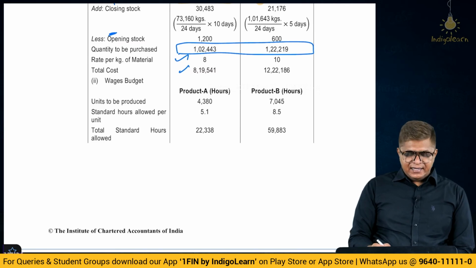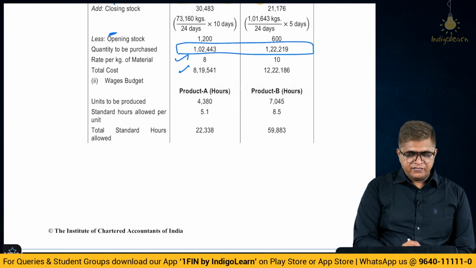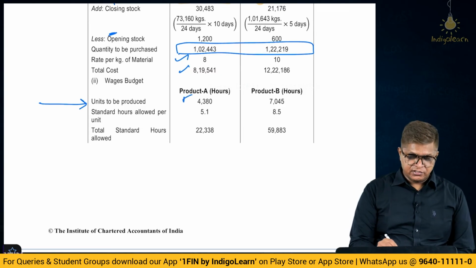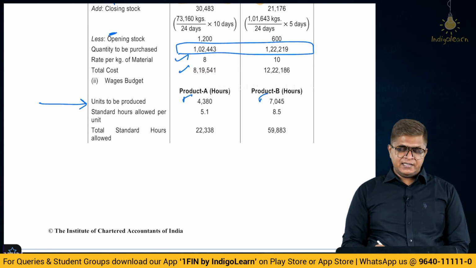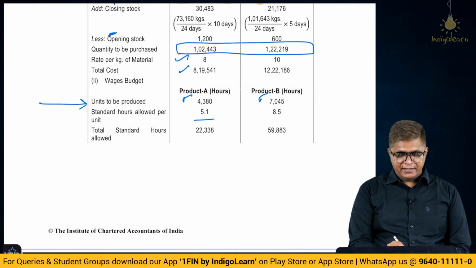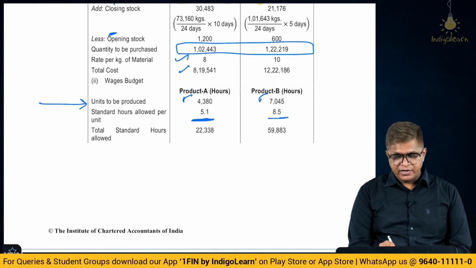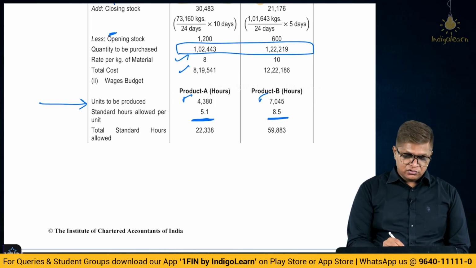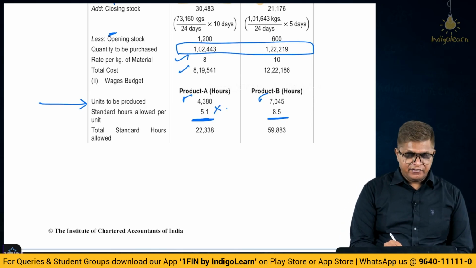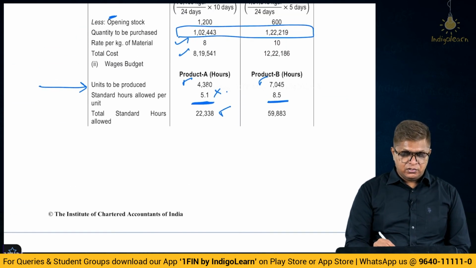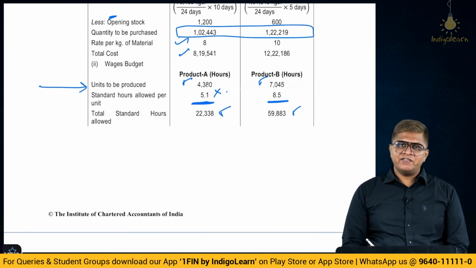See, we have calculated the number of units to be produced, 4380 and 7045. They have said the standard time is 5.1 hours for product A and 8.5 hours for product B. So we have multiplied and we have arrived at the total standard hours that is allowed. But they are saying efficiency ratio.